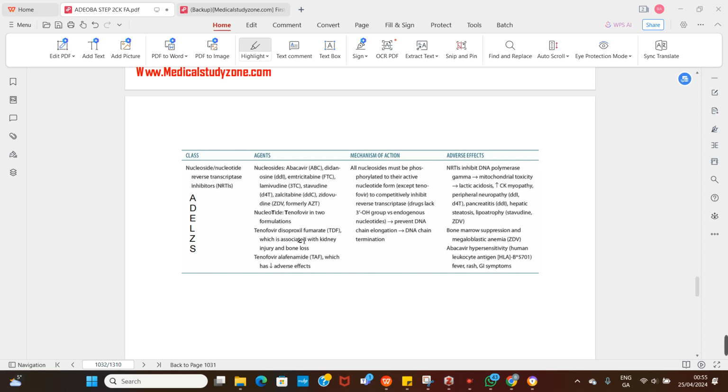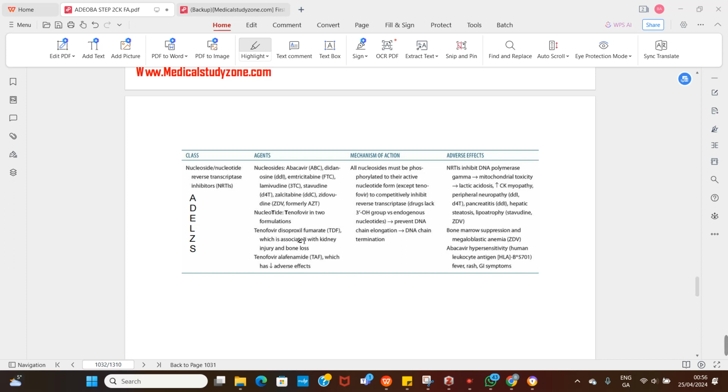Tenofovir is the only nucleotide. It is the only drug formulation that has a phosphate group. The other ones don't have a phosphate group, because what separates the nucleoside from the nucleotide is just the addition of the phosphate group, right?